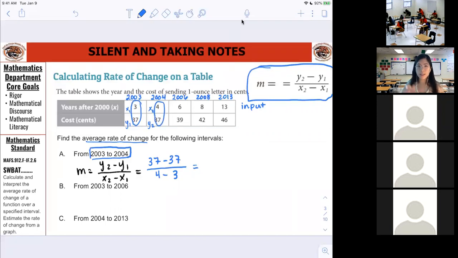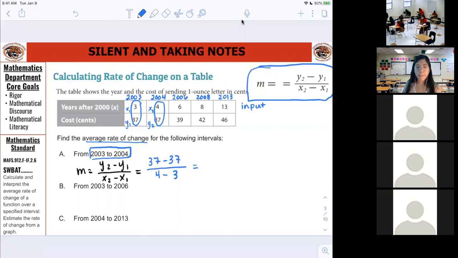And then all I did was I labeled my values. The first point from 2003, that's x1 and y1. And then the point for 2004 was x2, y2. And then I just plopped those numbers right into my formula. And we'll do this a couple times. So if it's a little confusing right now, we'll do it a few more times.